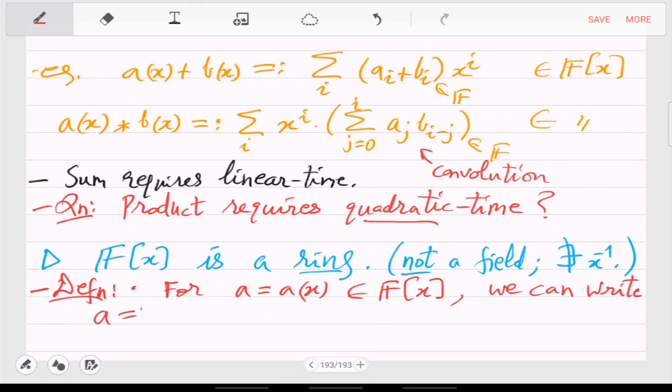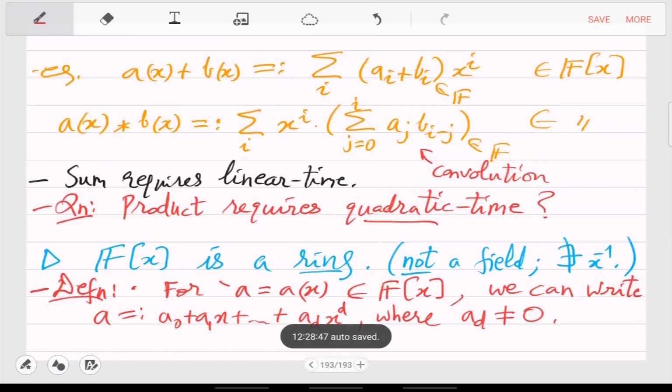We can write it as a0 + a1 x + ... + ad x^d, where ad is not 0, as long as A was not 0. So any non-zero element in the polynomial ring has this representation. There is some d such that a0 to ad are the only terms and the last term is non-zero.